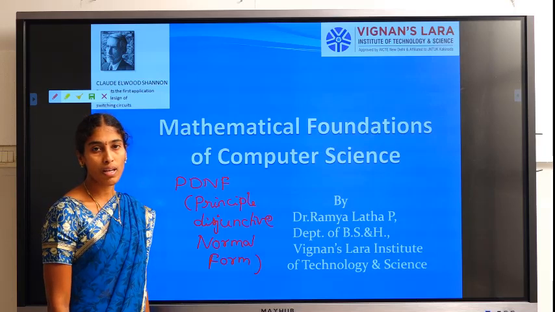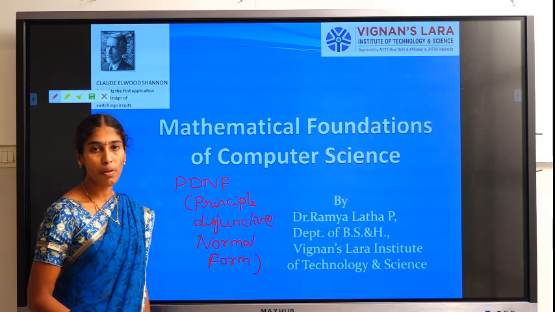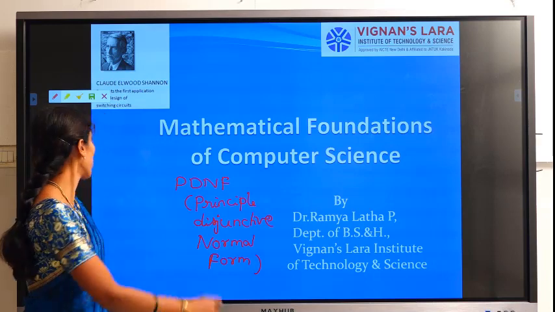These two topics are widely useful in switching theory while designing circuits. To reduce or simplify the design of a circuit, we use PDNF and PCNF.